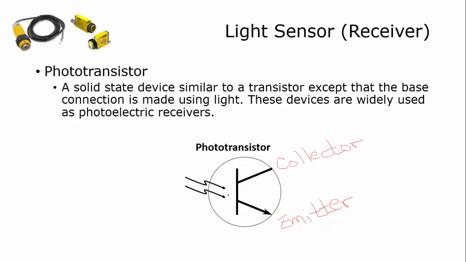But notice the base lead here is gone. And instead of a wire, the base has a photosensitive type material here, and there'll be a lens on top of this, and this base connection becomes light. So it uses light to turn that transistor on and off.